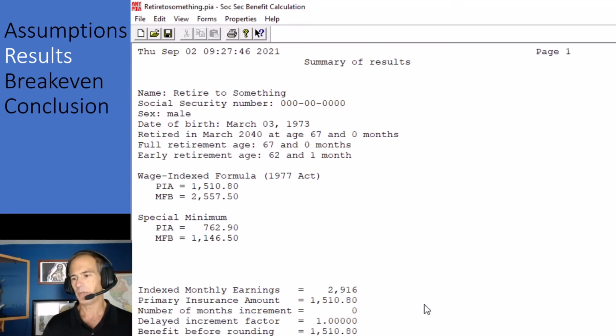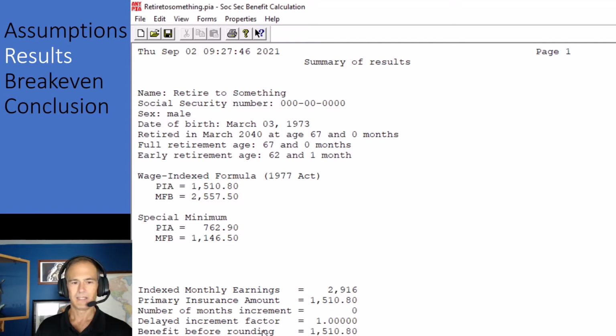Now, I'm not going to go over everything in here, but there are some important numbers that we need for the break-even calculation that we're doing. So we notice that our primary insurance amount, this is what we would get at our full retirement age, is $1,510.80.